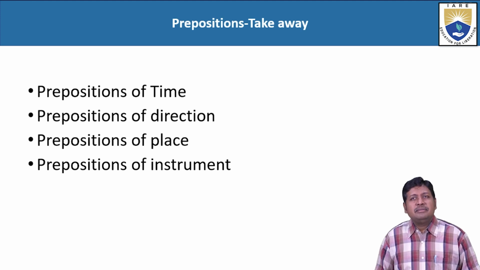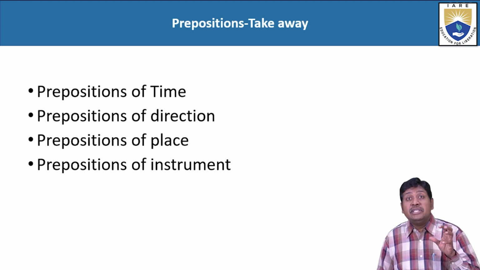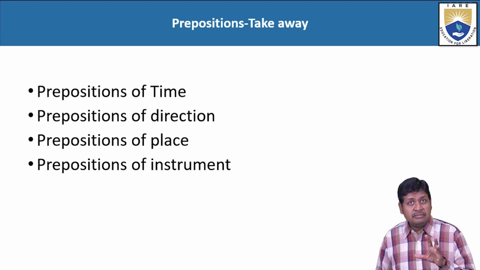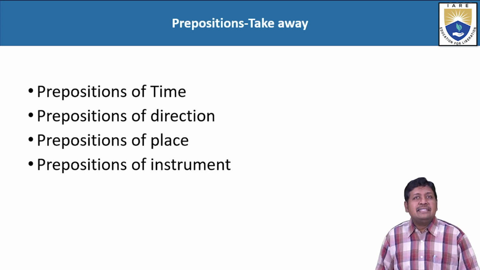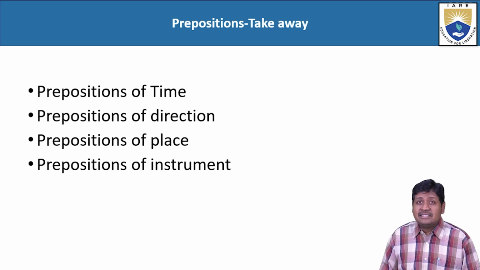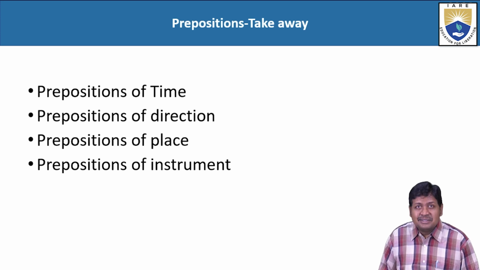Part, for example. When we are using part, in the case of individuals it is from, in the case of things it is always with. He is a miser, he doesn't like to part with his money. The bride had tears in her eyes while she was parting from her parents.